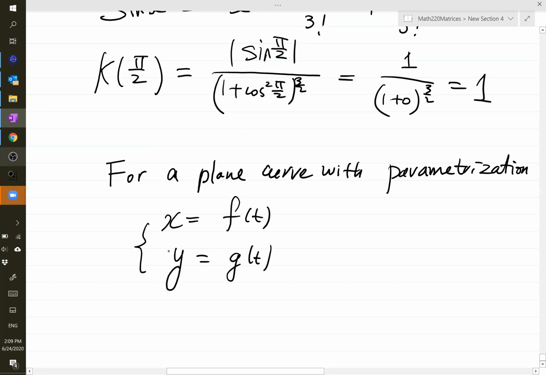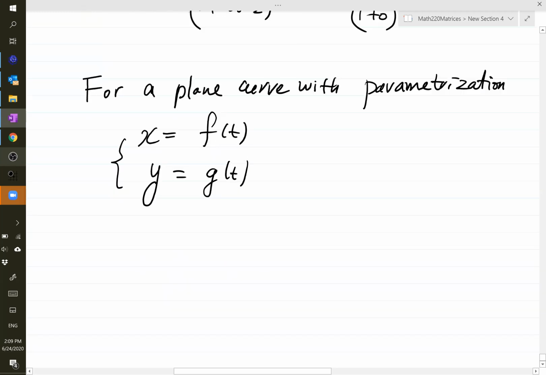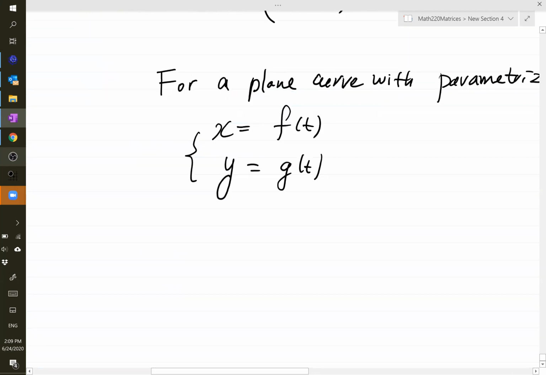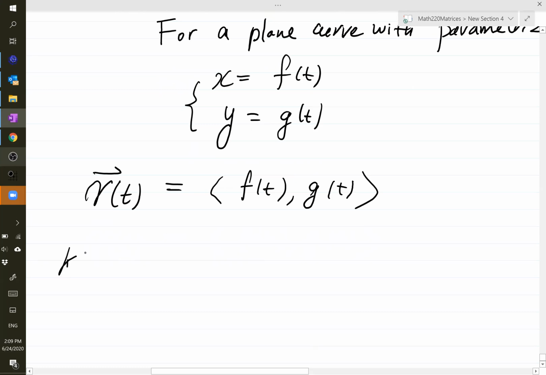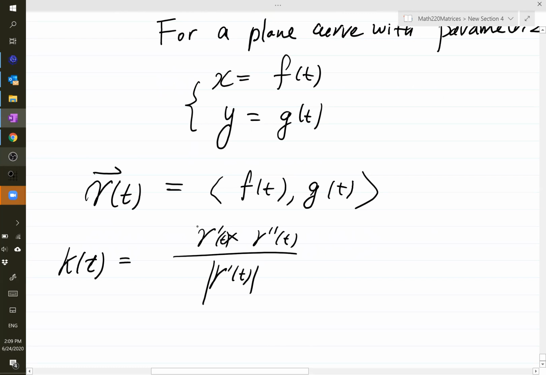It's possible that it's very difficult to eliminate the variable t to write y as a function of x or x as a function of t. So in this case, we write the vector r of t as (x of t, y of t), so it's (f, g), for some parameter t. We use kappa at t. Curvature is the norm of r derivative cross r second derivative over the norm of r derivative to the power 3.